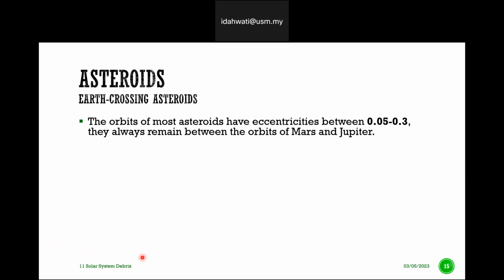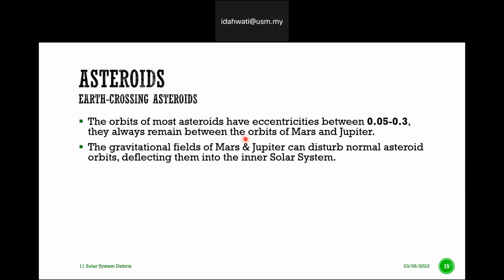Okay, the Earth-crossing asteroids. So, there are eccentric orbits with parameters between 0.05 and 0.3 that almost remain between the orbits of Mars and Jupiter. Okay, so the gravitational field of a planet can disturb the normal asteroid orbit.